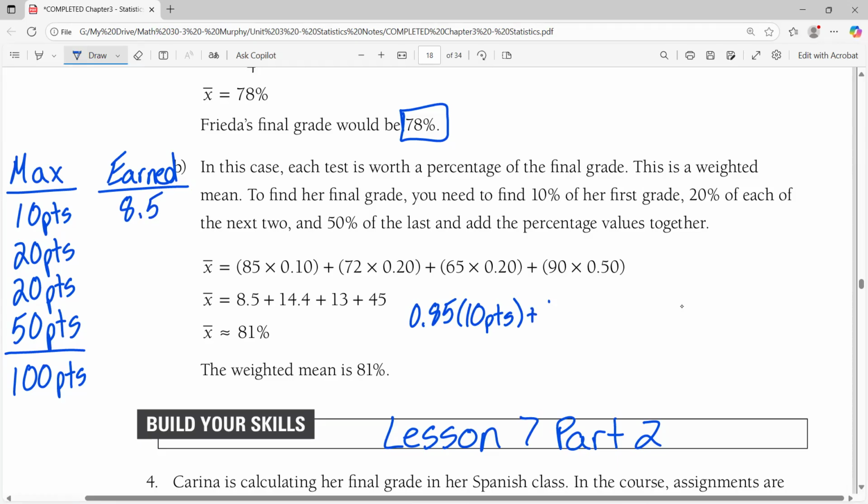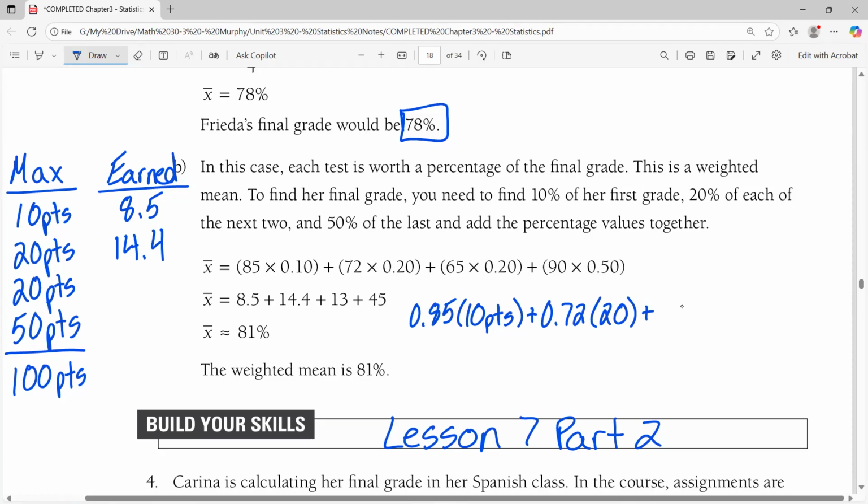Plus, she got 72% of the 20 points available. So she didn't get all 20. She ended up with 14.4. And if you ever want to check that, 14.4 divided by 20 was her score on the test, 72%.